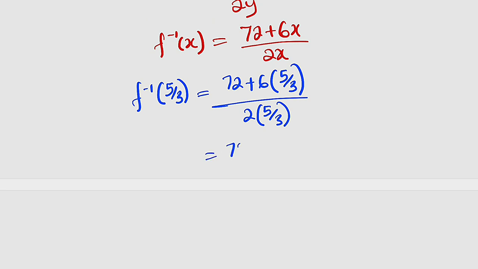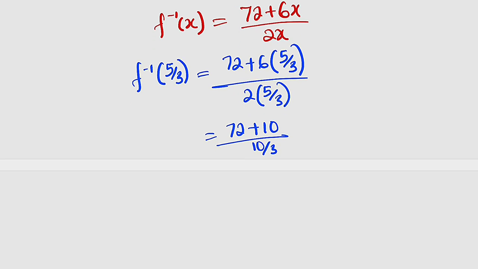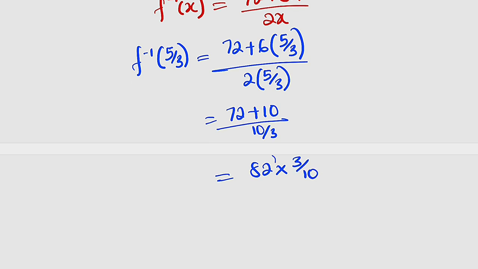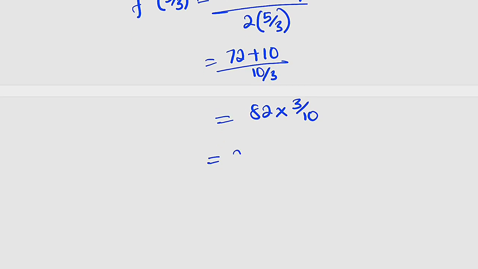This is equal to 72 plus 3 can divide 6 exactly 2 times, and 2 times 5 is 10. Divide by, this is 10 divided by 30, right? 10 divided by 30. To the top we have 82. Dividing by a fraction is the same thing as multiplying by the reciprocal of that fraction. Yes. So let's multiply. 82 times 30 will give us 246. So this is 246 divided by 10.